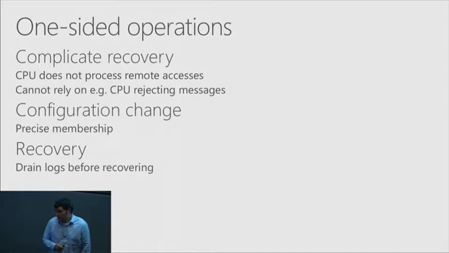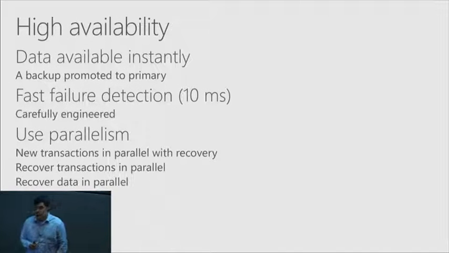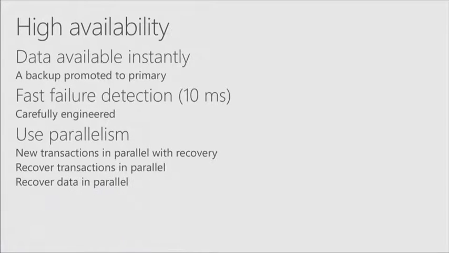Okay, and so while designing these recovery protocols, we aim to achieve high availability. We use this primary backup system, which means that we are going to have some downtime when a machine fails and as the cluster agrees on the new membership, but we would like to keep this downtime as short as possible.